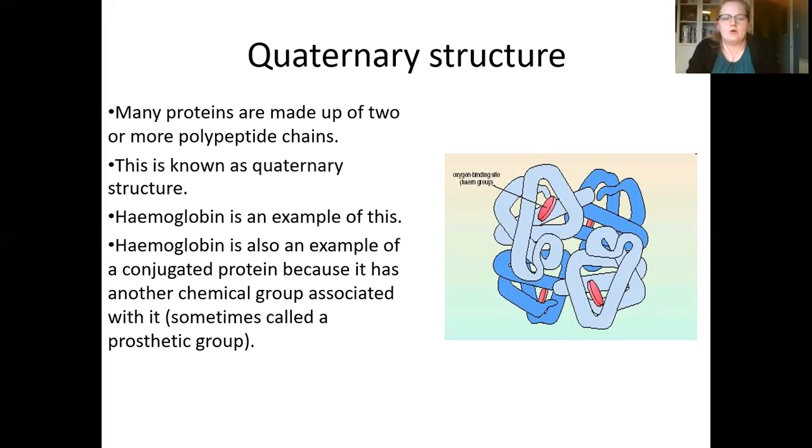Again, this isn't something we're going to look into too much now, but it's good to have an idea of it. Prosthetic groups don't really come into play in tertiary structures, only in quaternary structures. So it's the iron in the heme group in hemoglobin that is the prosthetic group in this situation.